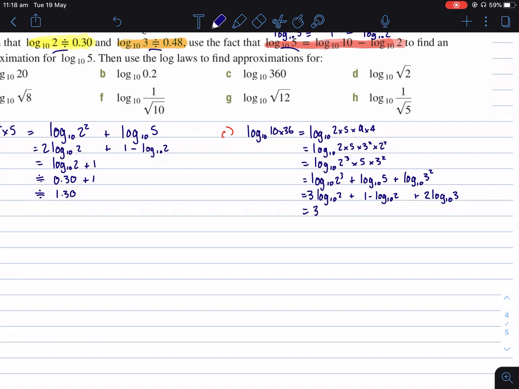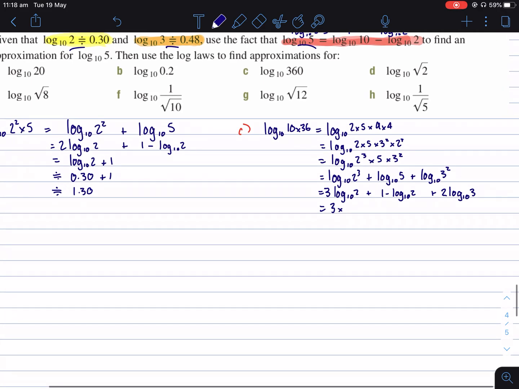So that's the same as 3 times 0.3 plus 1 minus 0.3 plus 2 times about 0.48. I'm just going to check that in my calculator. So it's going to come out as approximately 2.56.